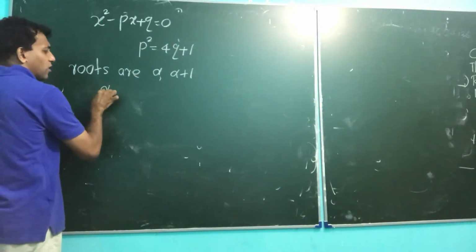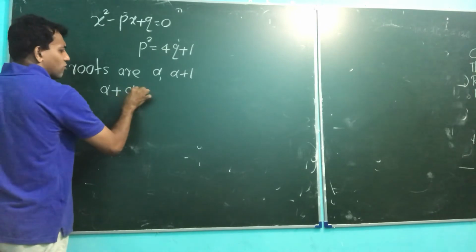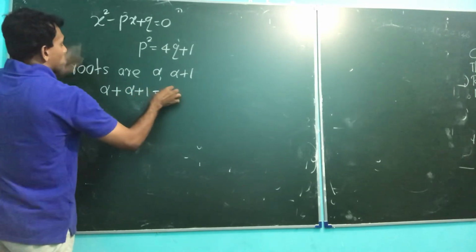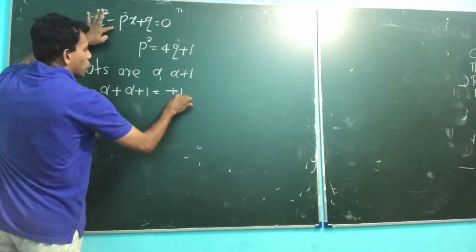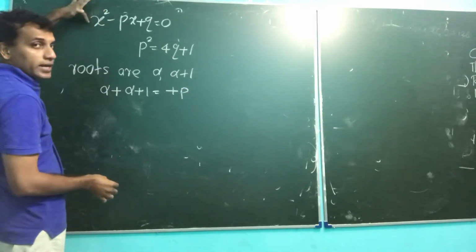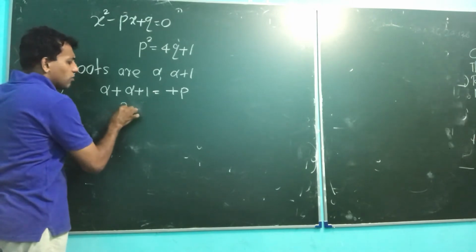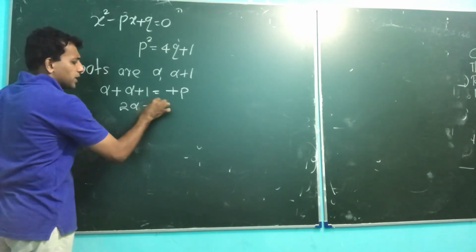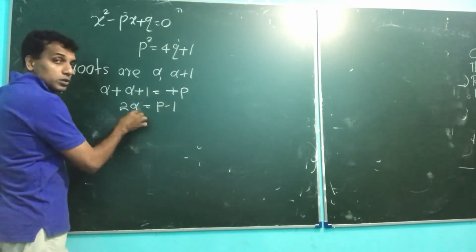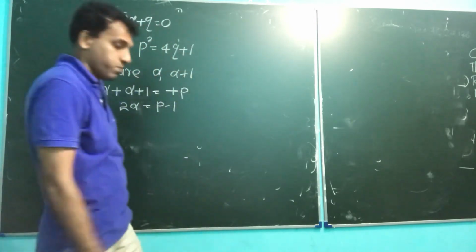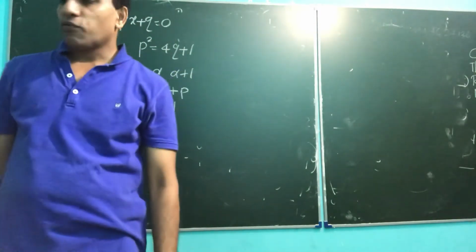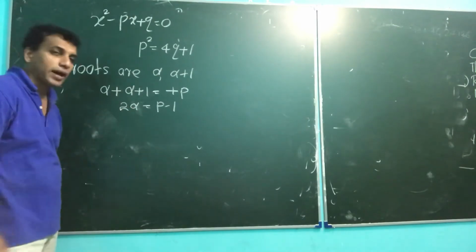Therefore, alpha plus beta form, what is that? Minus b over a. A is 1, b is minus p, c is q. So 2 alpha plus 1 equals p. And find the alpha value, divide by 2.